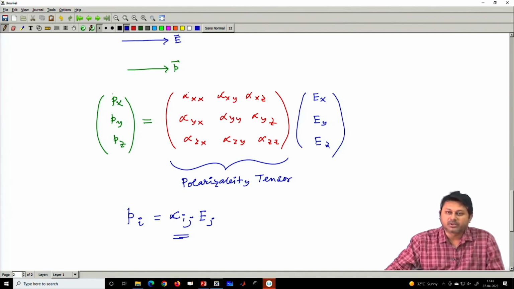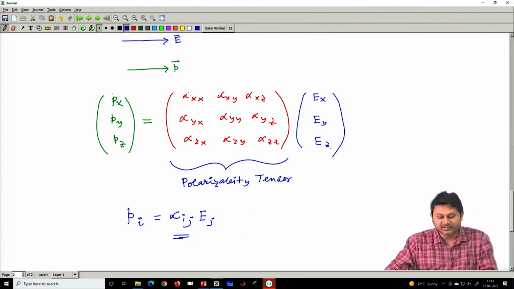The x component of the polarization can depend on the x, y, z components of the applied electric field, and in that case we have this generalized form.